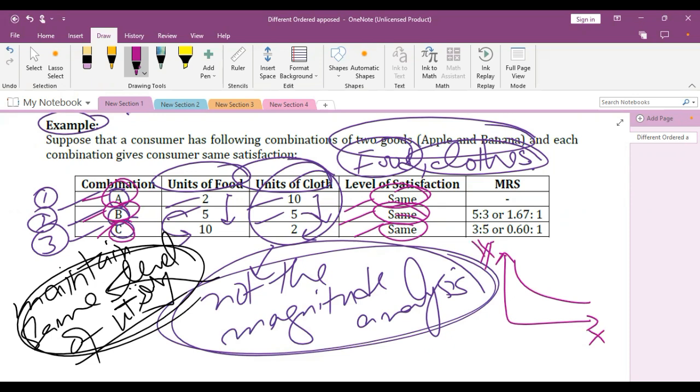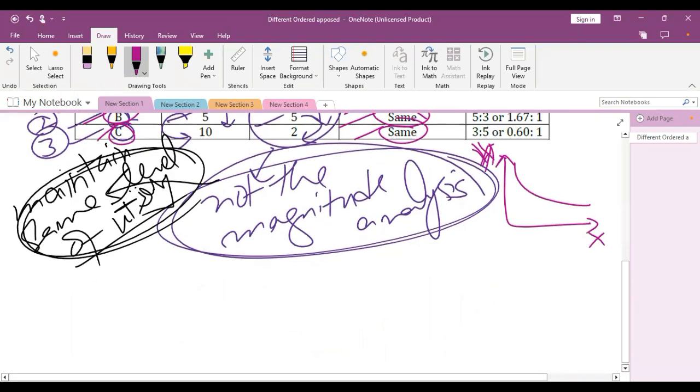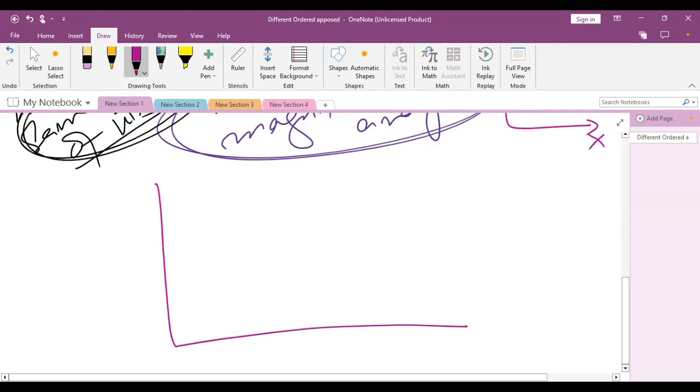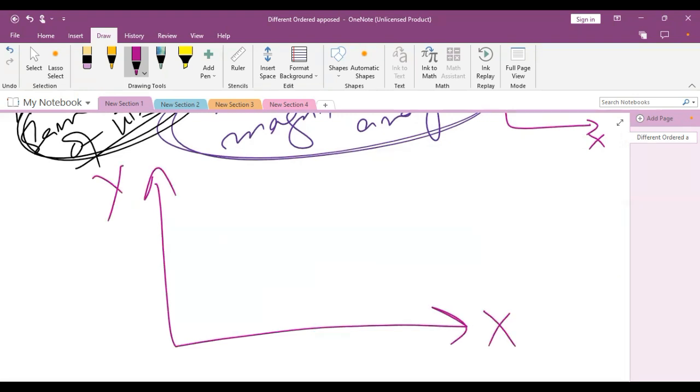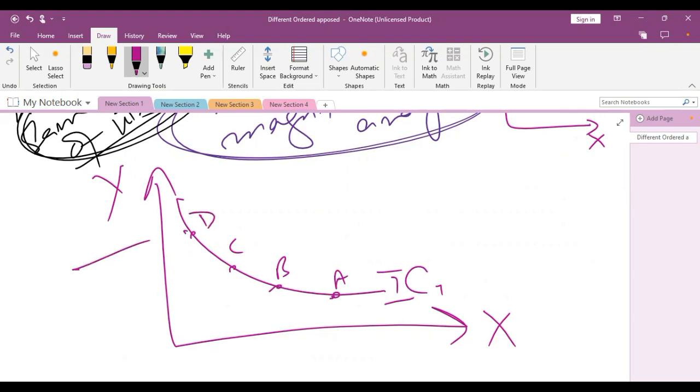The point that needs to be understood here is that if you are on the same IC curve, let's say IC curve 1, all points on it give you the same level of satisfaction.